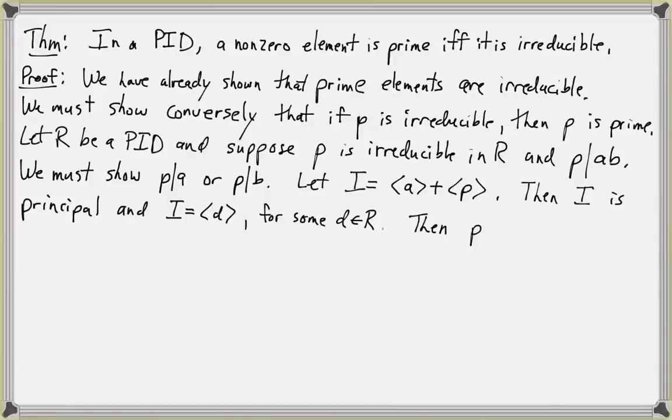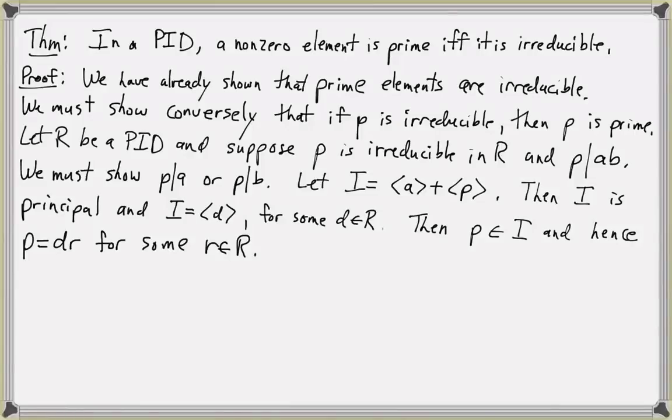Then, in particular, the element P is in this ideal I. And so therefore we can write P as a multiple of D. P equals D R for some R in the ring.